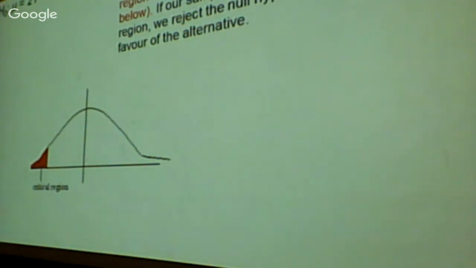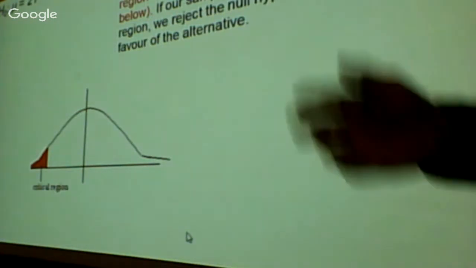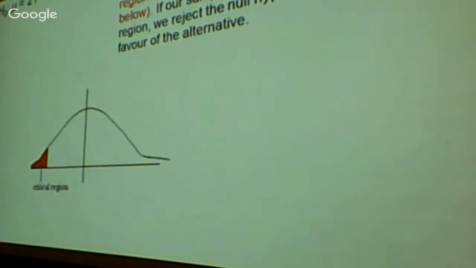Right? If, on the other hand, the mean that I compute from my sample falls in this range over here, I'm pretty certain that it comes from, it's like every other sample that I have. Right? So I care about this. This is my rejection level. This is when I say I feel confident in rejecting the null and avoiding a type 1 error in here.